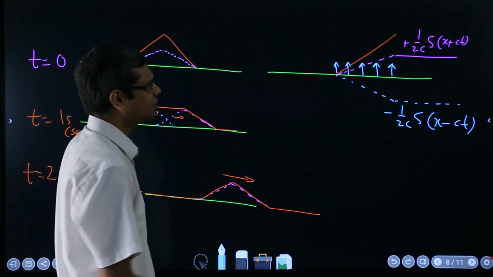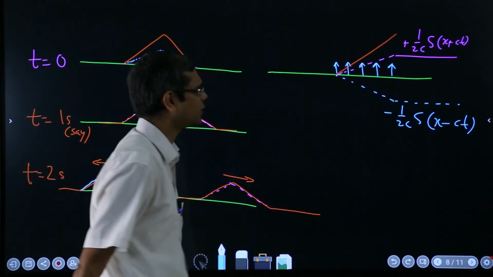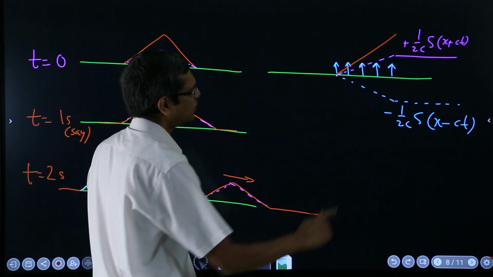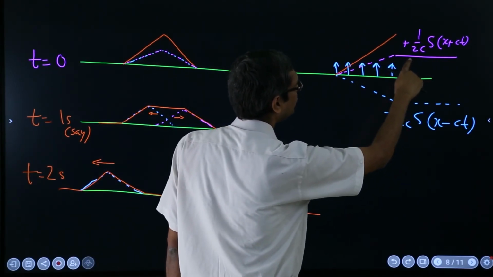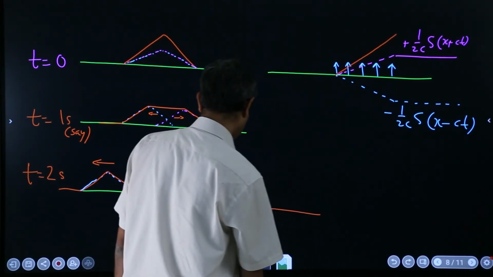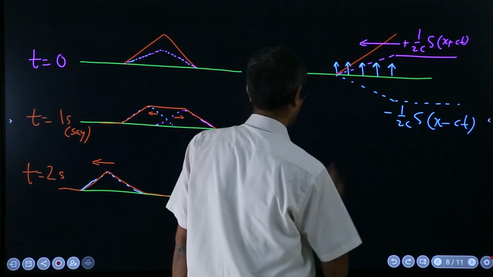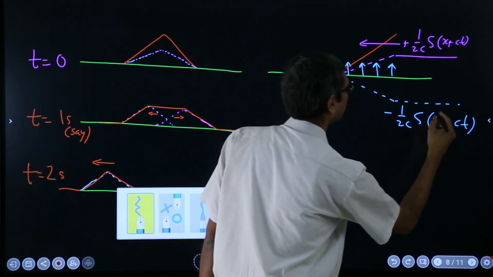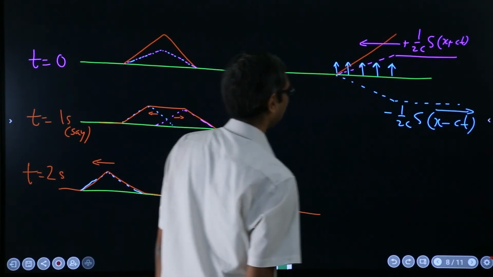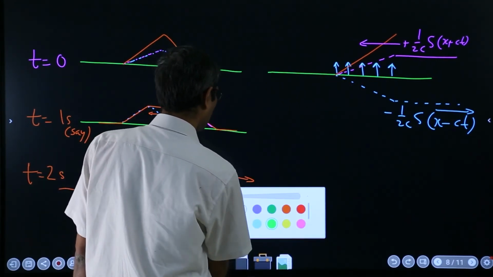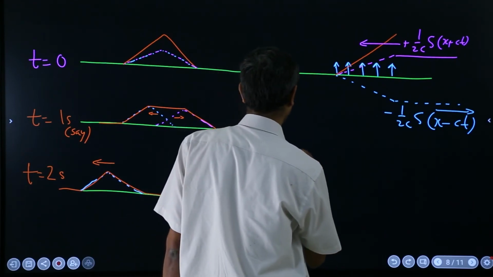Now they will start moving with respect to their own directions. So this one will move this way, and this one will move this way. Okay. Now what will happen?